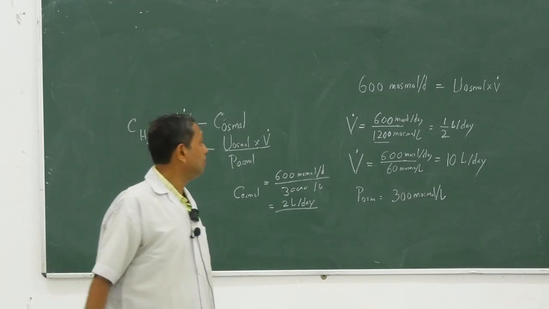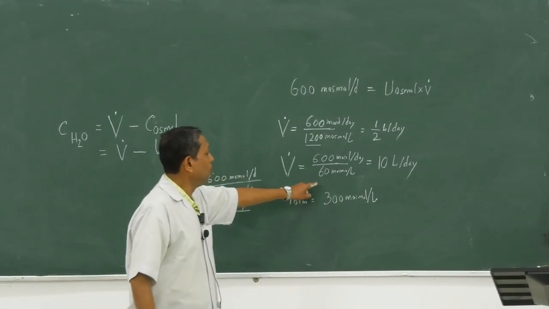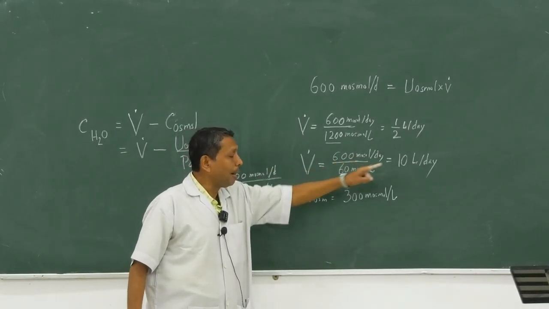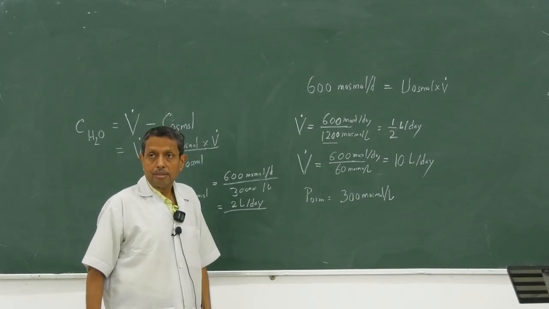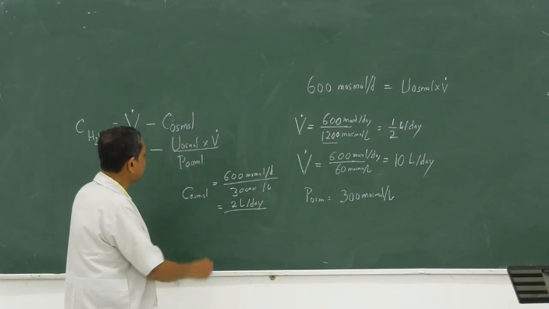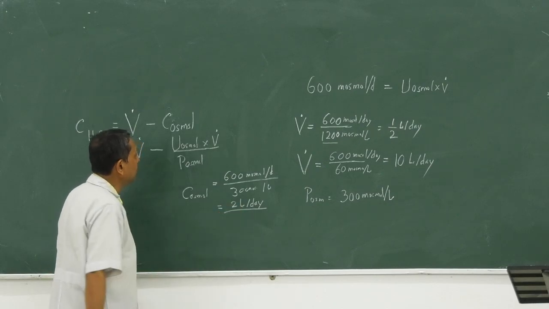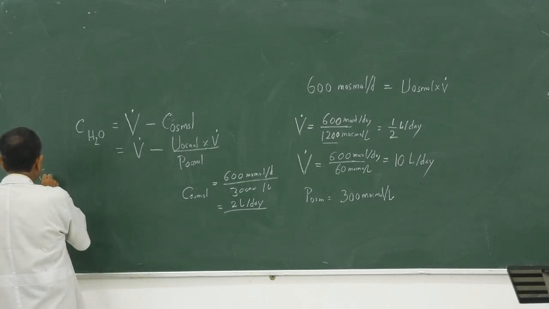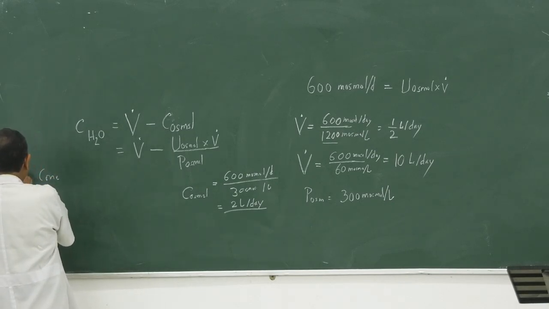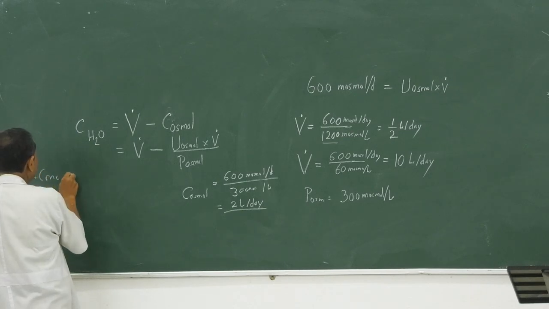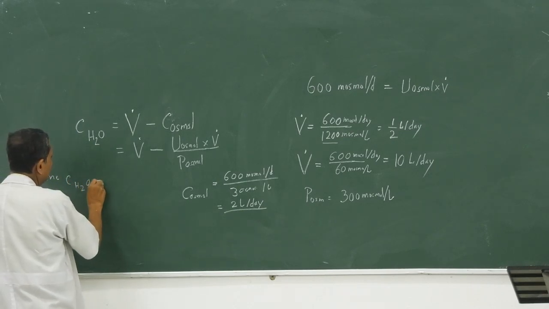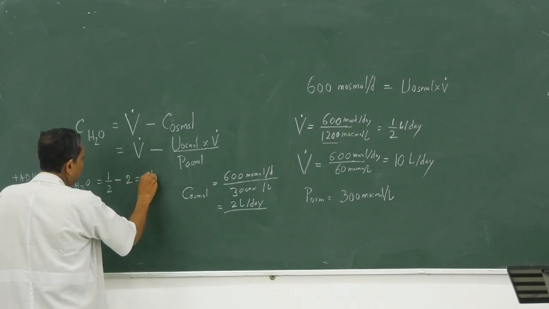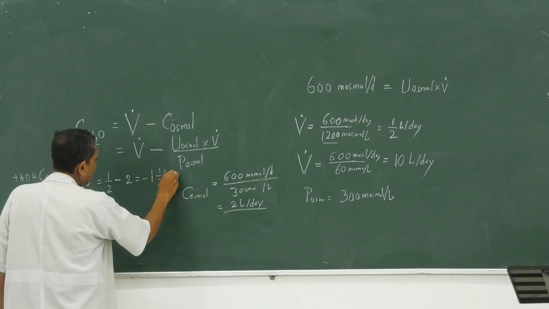Again, if the urine is dilute, with 60 milliosmol per liter, then to eliminate 600, 10 liter per day is required. And the clearance of the milliosmol is 2 liter. So whenever there is formation of concentrated urine, plus ADH, then the clearance of H2O in that case is equal to half liter minus 2 liter, which is minus 1.5 liter per day.